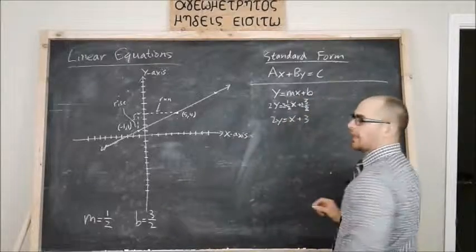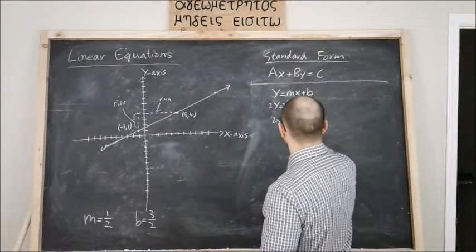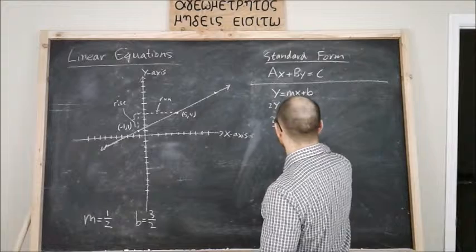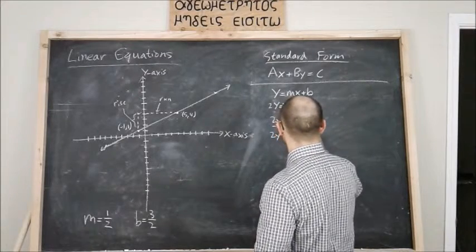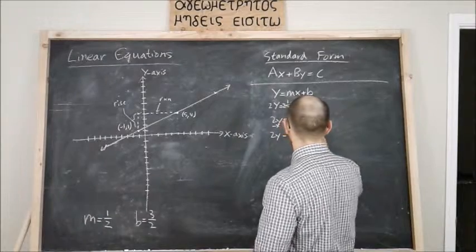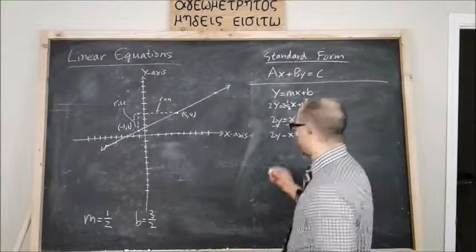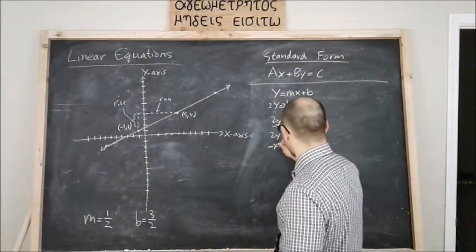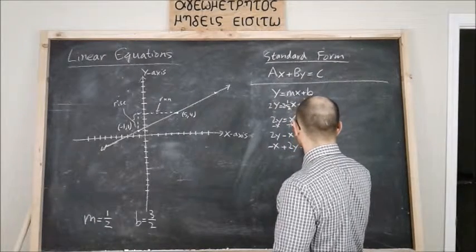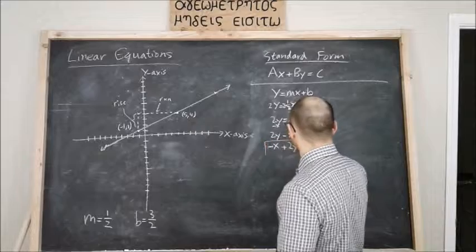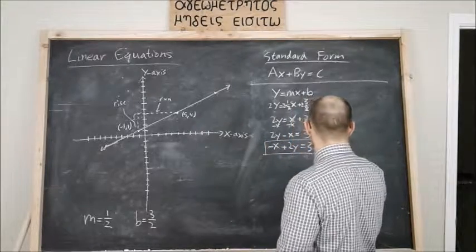All right, so now I get x and y on the same side. Subtract x from both sides. I get 2y minus x is equal to 3. Another way I could write it, negative x plus 2y is equal to 3. This would be our standard form.